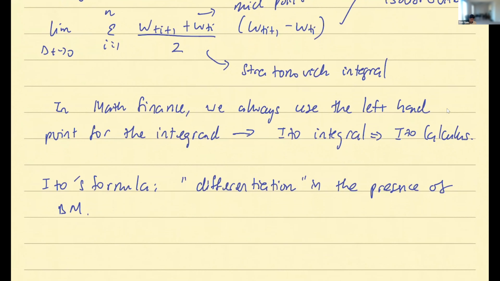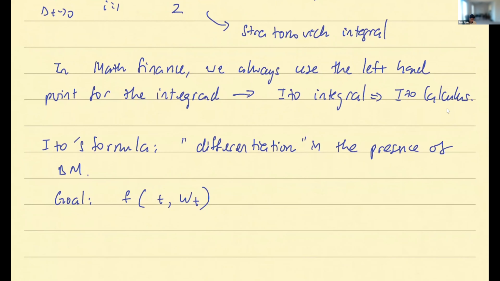And so basically the goal is like this. Suppose you have a function of both time and Brownian motion, and you want to write the differential of this. Your hope is that, basically this is the change of this function of time and Brownian motion, you want to capture it by something that moves with respect to time and some other thing that moves with respect to Brownian motion. What are they?